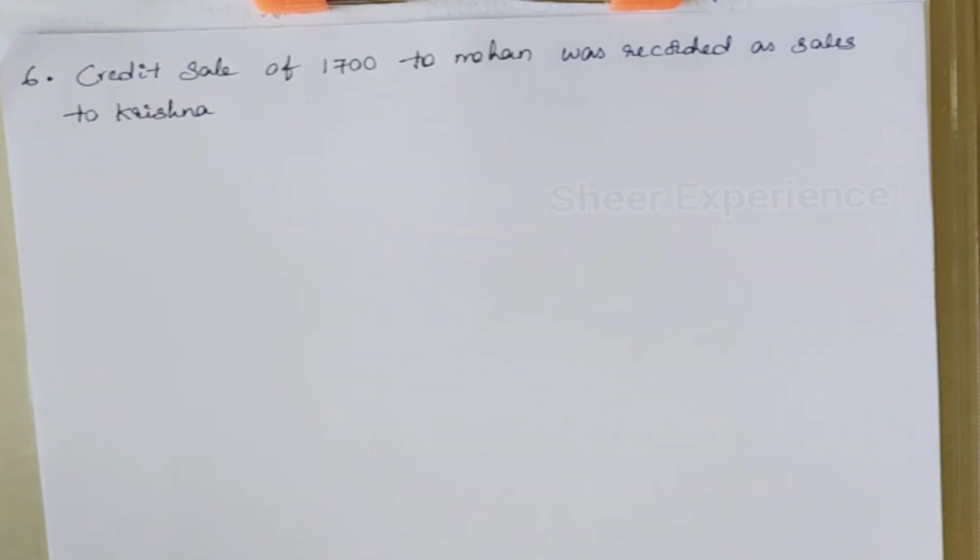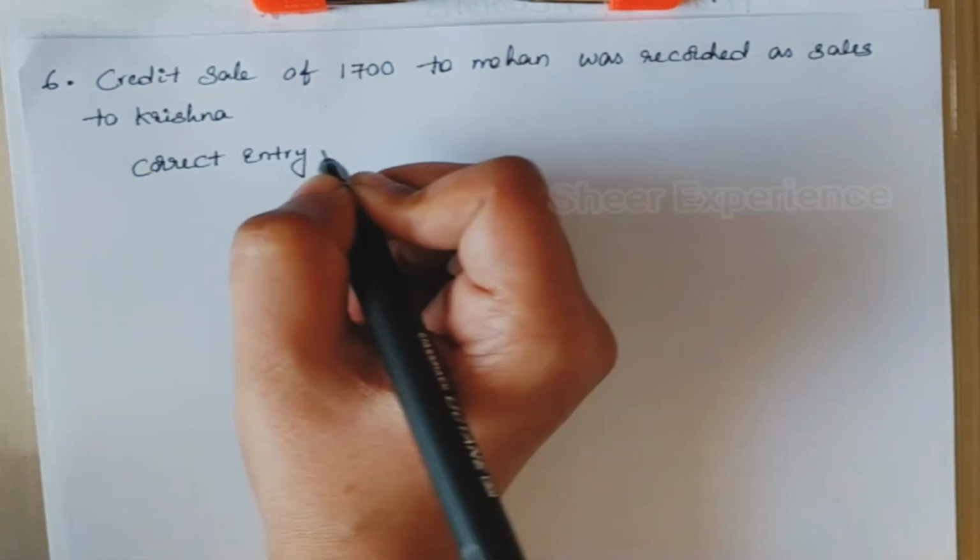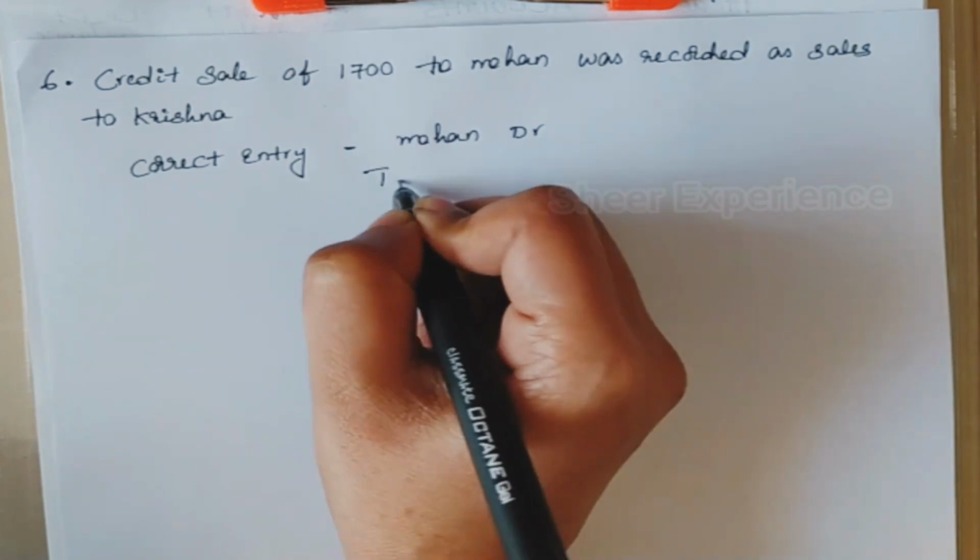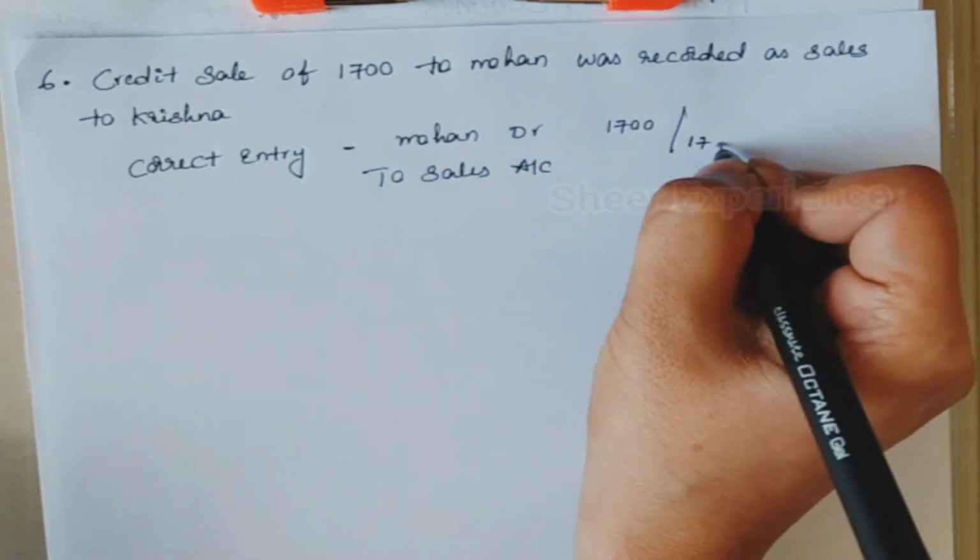Next error is credit sale of 1,700 to Mohan was recorded as sales to Krishna. Here also it is recorded, not posted. So we need to rectify the journal entry. Correct entry is Mohan debtor to sales account. Amount is 1,700.